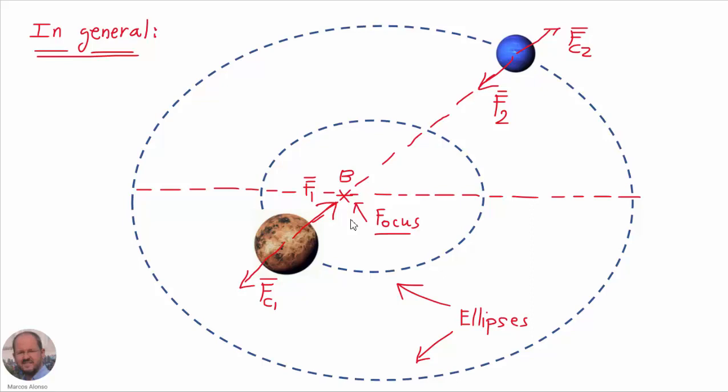These ellipses are situated so that one of their focuses corresponds to the barycenter of the system, and the two planets are always in front of each other, the line joining the two planets going through the barycenter. So the gravitational forces and the centripetal forces are going to compensate.